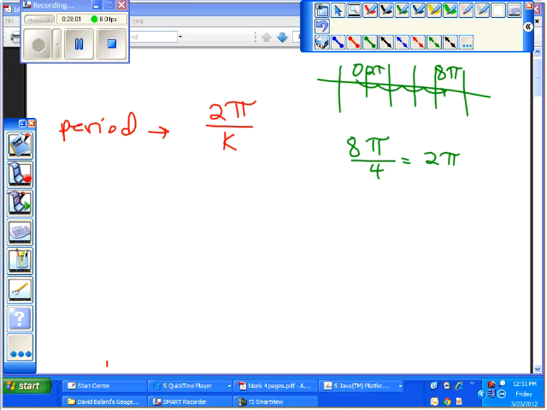So I go 0, 2 pi, 4 pi, 6 pi, 8 pi, to make 4 jumps and get my way from 0 to 8 pi. And I'm still going to have my 1, 0, -1, 0, positive 1 from memory. That makes sense? Good stuff.